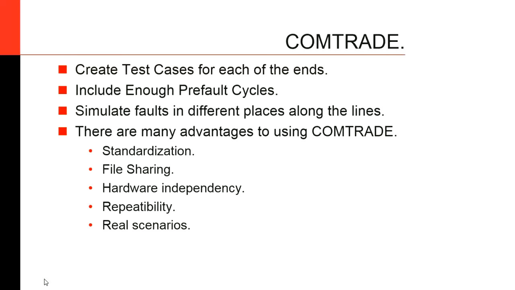In this case, we can actually include things like exponential decay when a fault comes up, and harmonic distortion. You can even simulate CT saturation and stuff like that. That's why I prefer to use COMTRADE whenever I have the possibility.